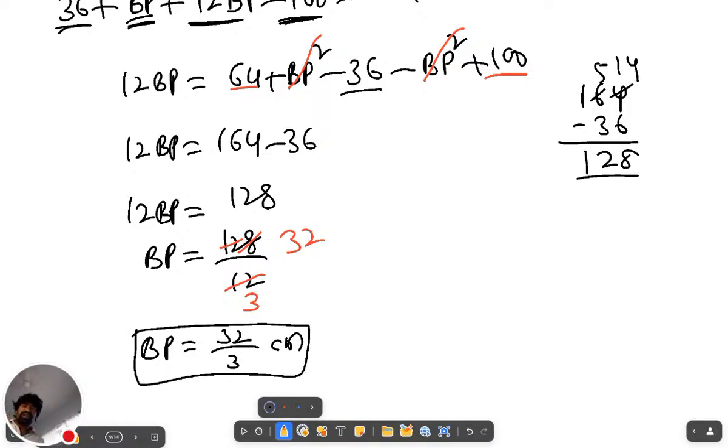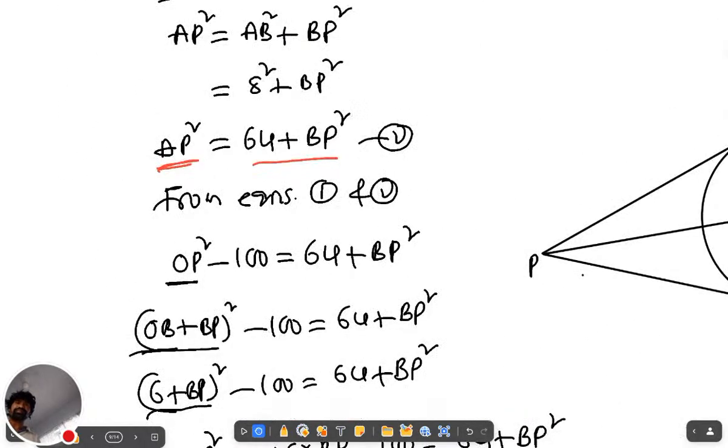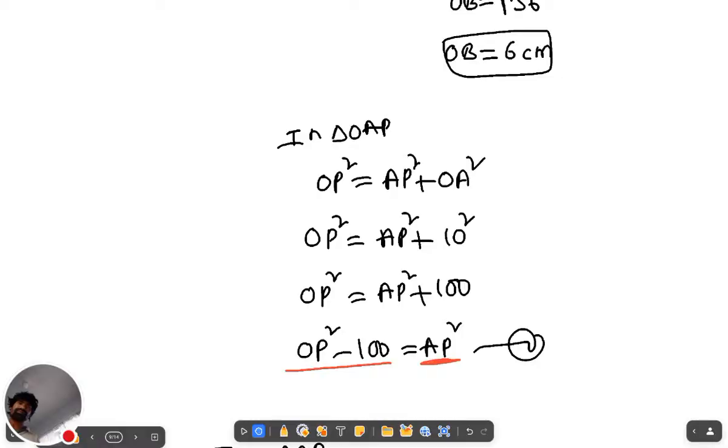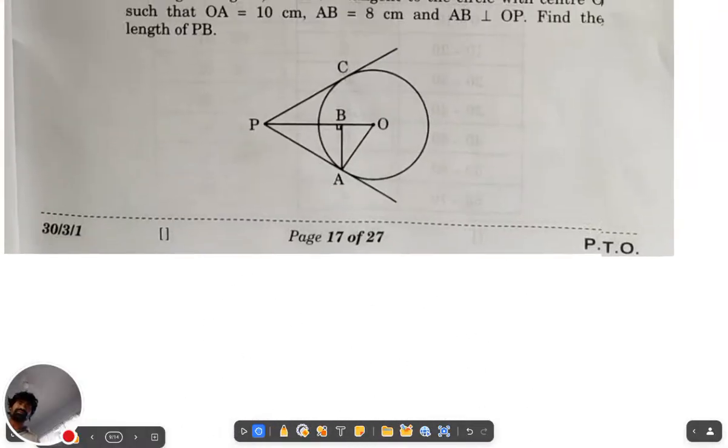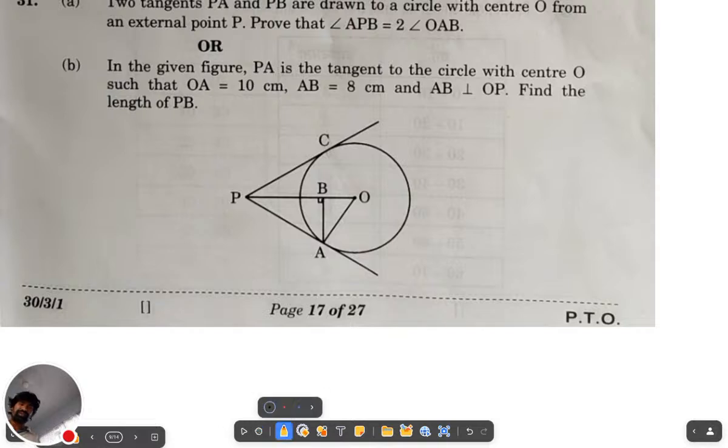So this is the solution: the length of BP or PB. Both are the same, right? So the PB or BP length is 32 by 3 centimeters.